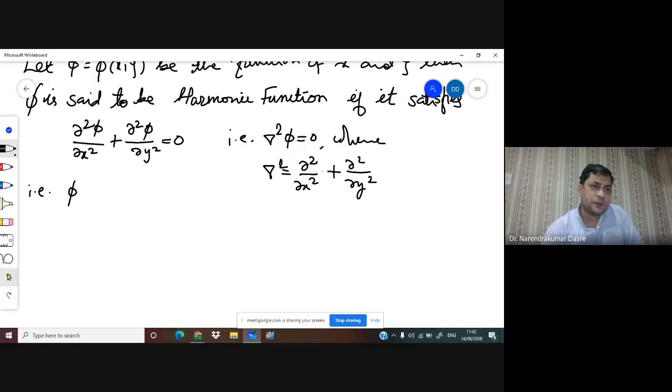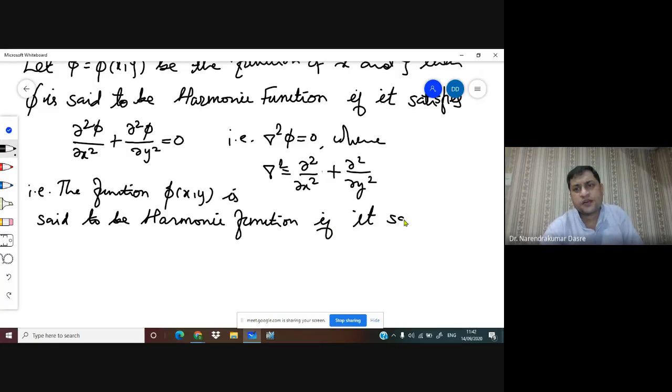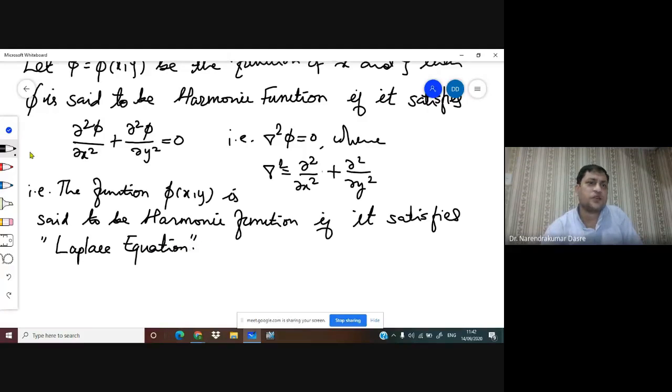The function phi of x y is said to be a harmonic function if it satisfies the Laplace equation.